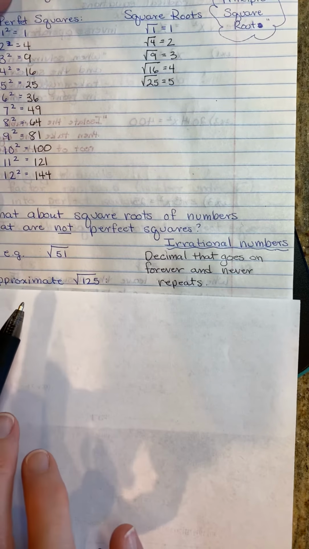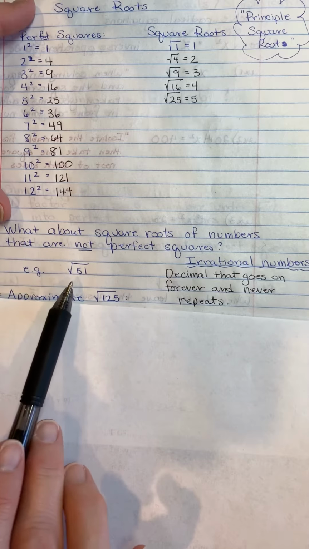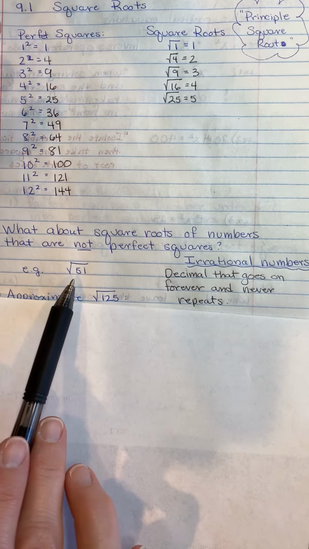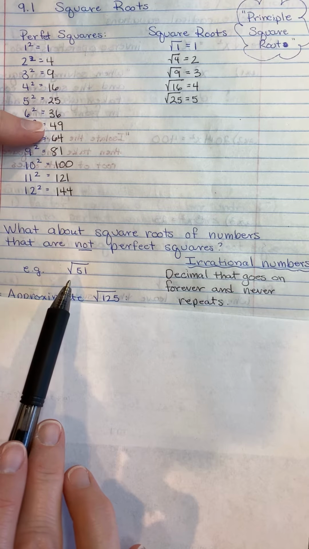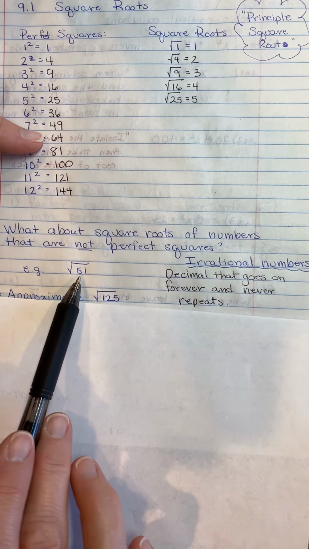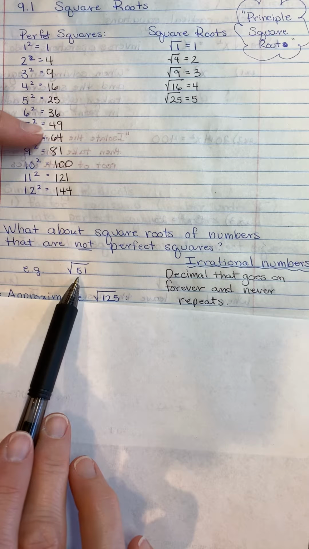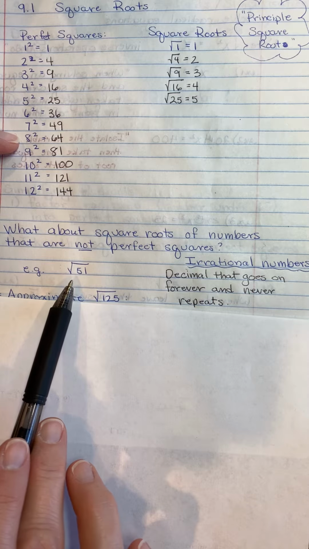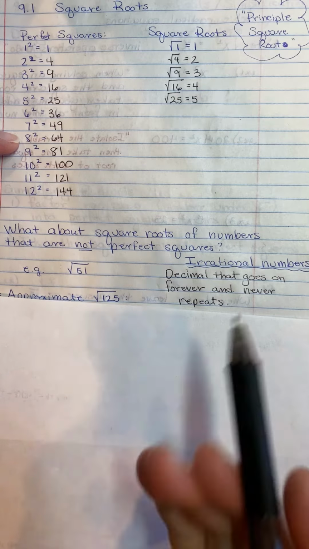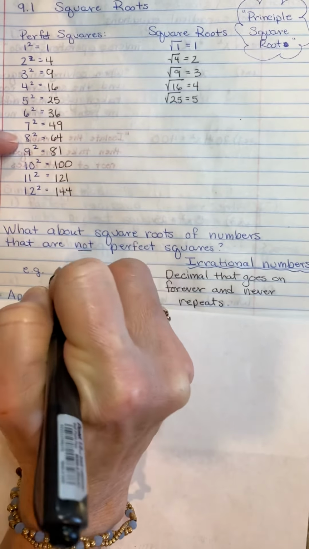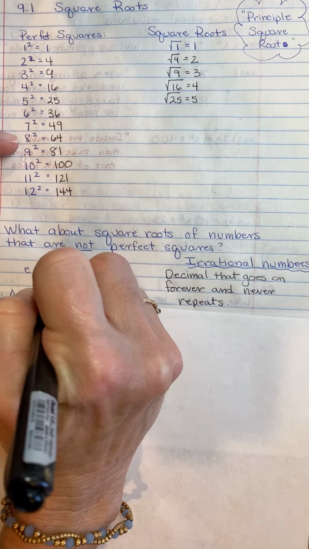So let's take a look at an example. The square root of 51. The square root of 51 would fall between the square root of 49 and the square root of 64. So the square root of 51 would be between 7 and 8. Does that make sense to you? This is something as a mathematician that you should be able to approximate.